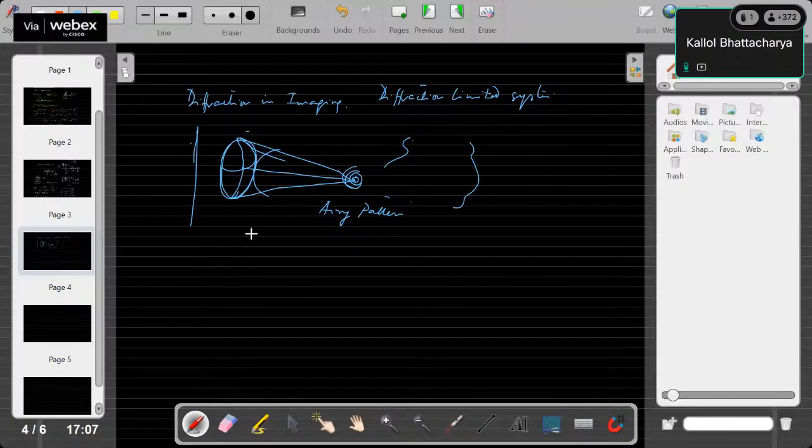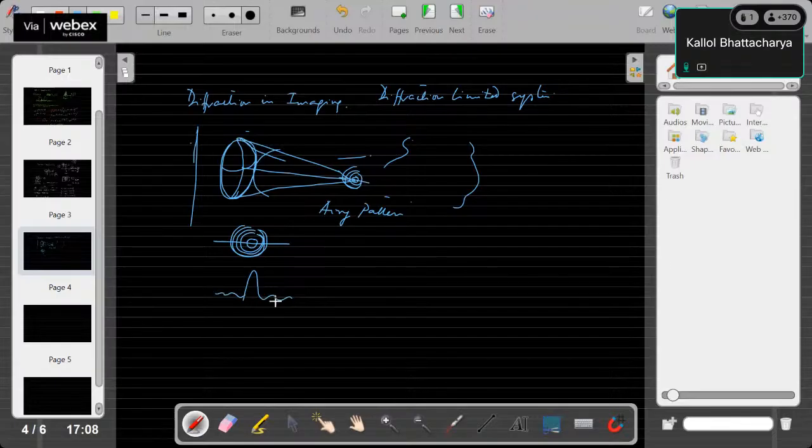Now, the pattern we get there is a circularly symmetric pattern, of course, because the lens is circularly symmetric. If we plot the intensity across the cross section of this pattern, this is what you get.